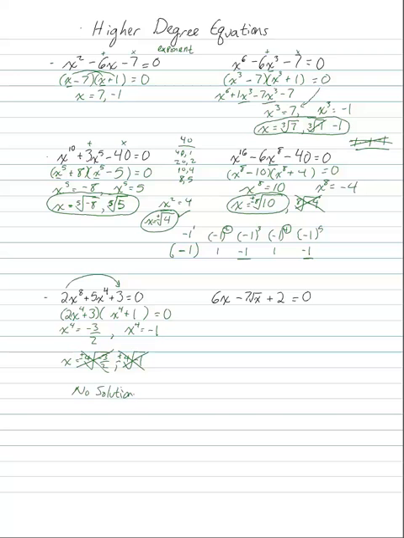Okay, so let's try the last one. Say I have 6x minus 7 square roots of x plus 2 equals 0. Again, I'm going to try this by factoring. So this time, instead of having x or x to the 4 or x to the 8, I'm going to use the square root of x as my first term. The square root of x times the square root of x is going to give me that x, so it will work.